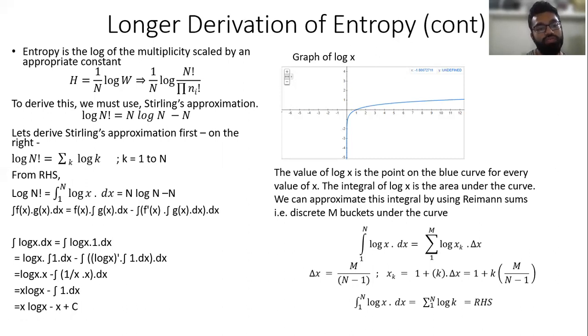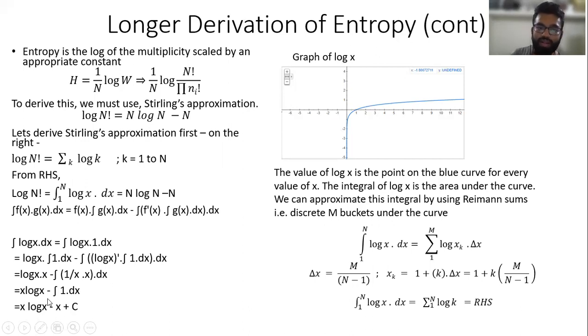So you have 1 over x times x. So x and x get cancelled, but you still have another integral remaining. That becomes the integral of 1 dx, which is x. So this log x times x becomes x log x, so x log x minus x.